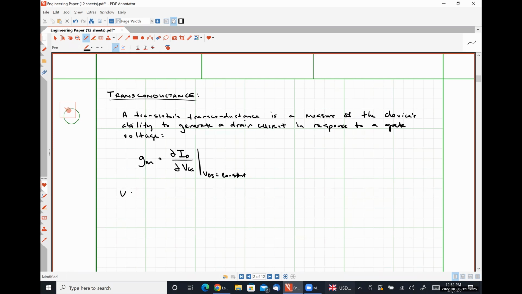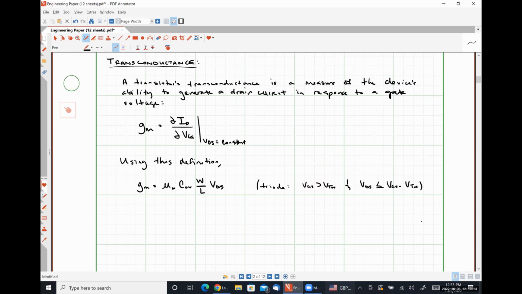So using this definition, we can find that our transconductance for a MOSFET transistor is given by mu n Cox W over L times VDS for our triode operation, defined when VGS is greater than VTH and VDS is less than or equal to VGS minus VTH.